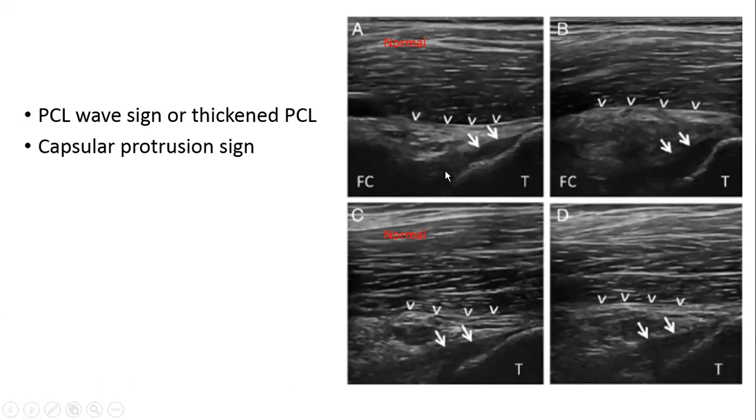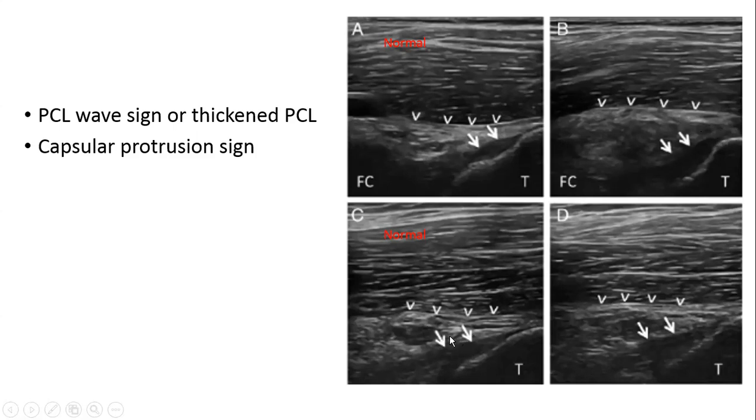This is PCL. So arrows are pointing at PCL, arrowheads pointing at the capsule posteriorly. Look at the abnormal side, PCL thickened compared to the contralateral. This is the same patient, these two. This is PCL thickened, capsule distended, protruded posteriorly. So it has a convex shape.